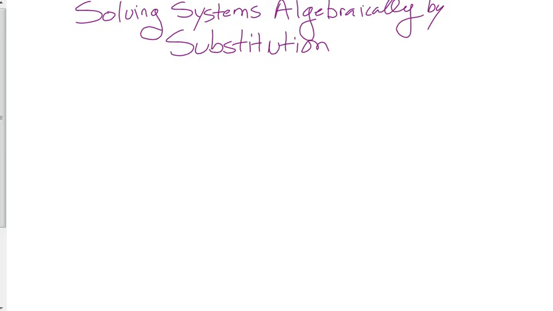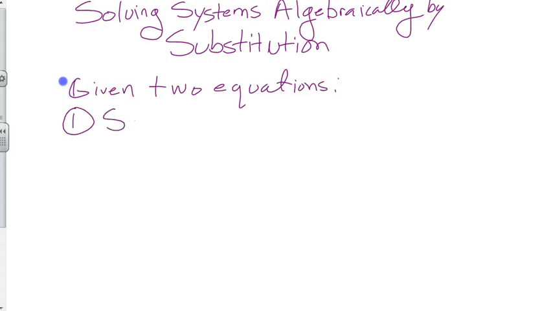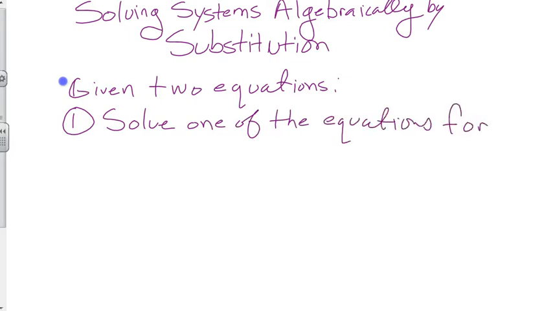Anyways, solving a system of equations. We're going to have two equations. What we want to do is this. Step number one: given two equations, solve one of the equations for one of the variables.